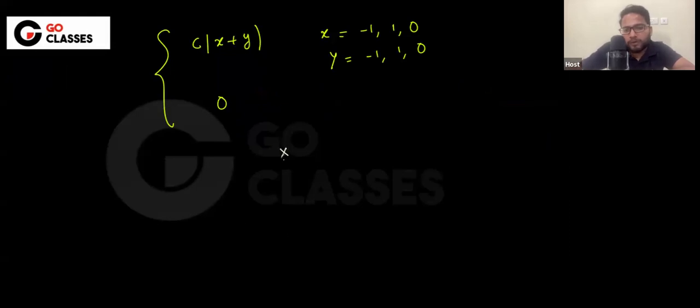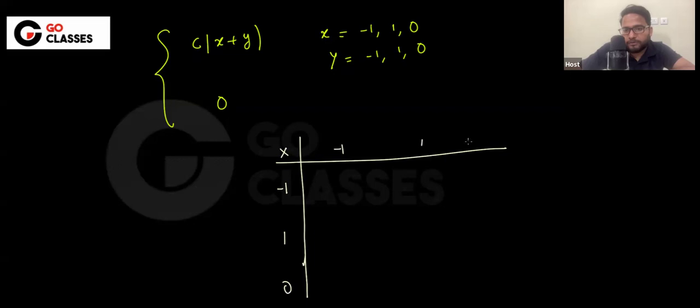What you can do is make a table quickly. -1, 0, and 1. You will just be adding, it is x plus y, right?